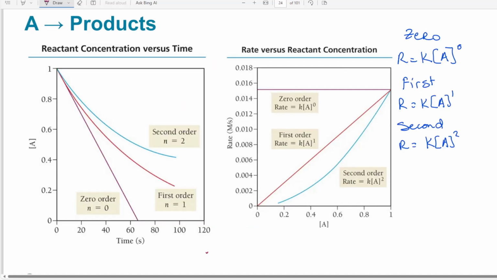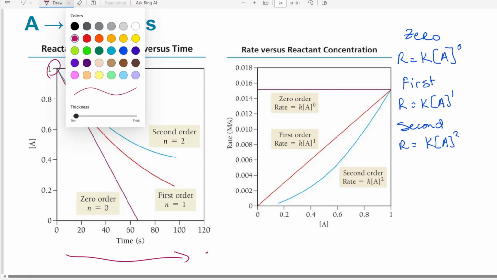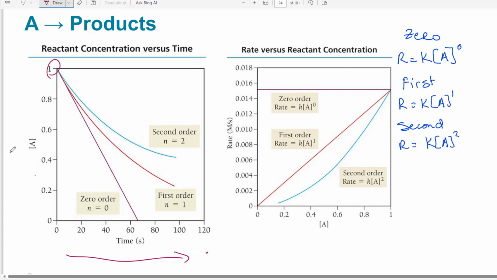Here we see some different rate equation graphs for A forming products. On the left, what we're observing is the concentration of A beginning at 100%, which is represented as a 1 here, and then as the reaction proceeds in time, the concentration of starting material decreases. No more reactant is being added.